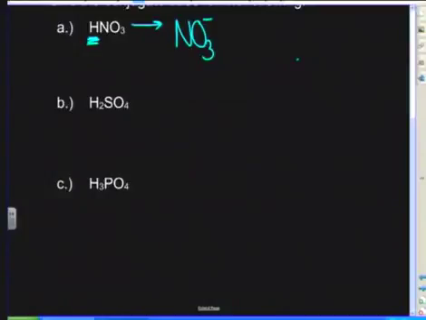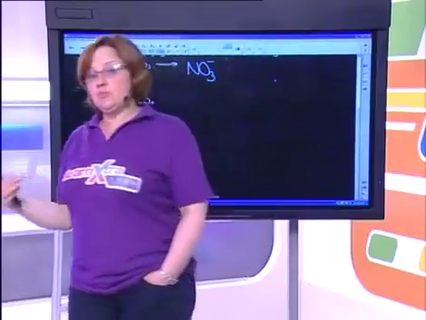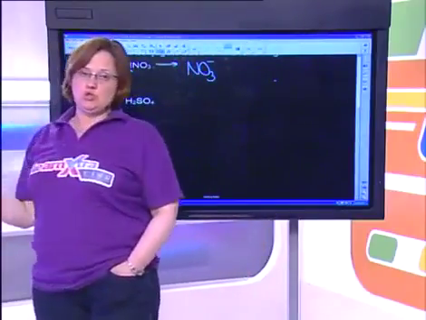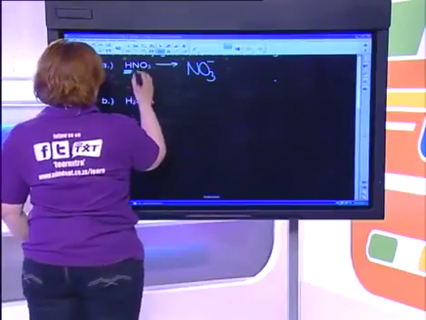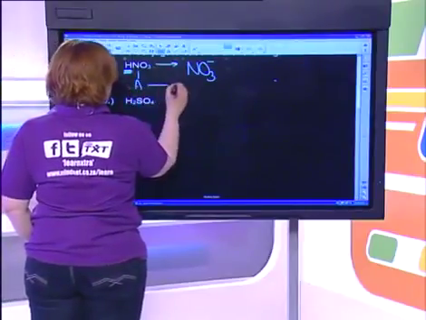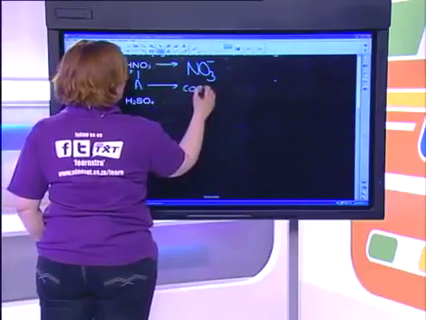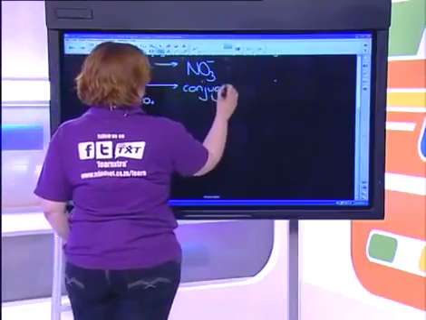It's only one minus because I only took away one positive. If I took away 2 positives, it would become 2 minus. So here's my acid, and this is my conjugate base.